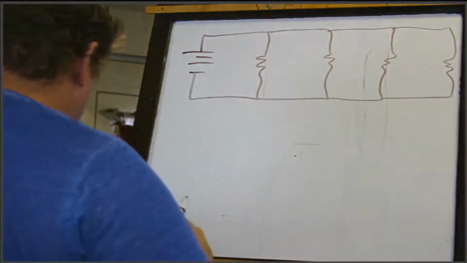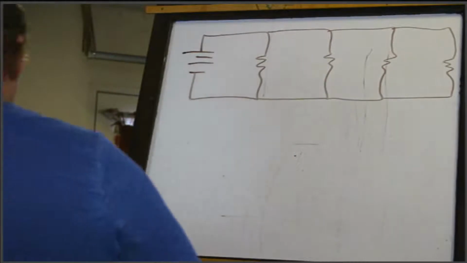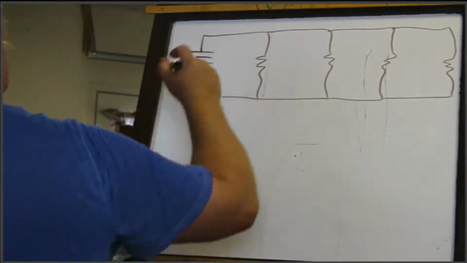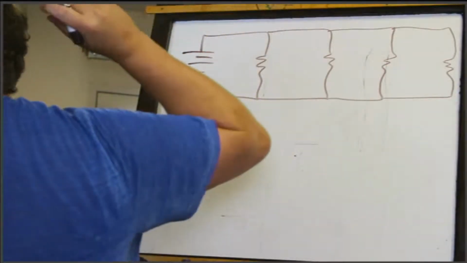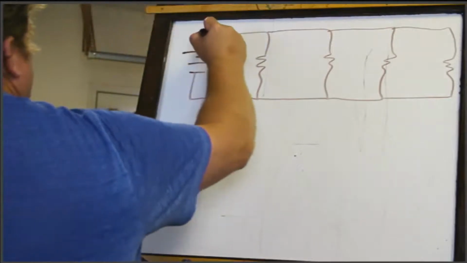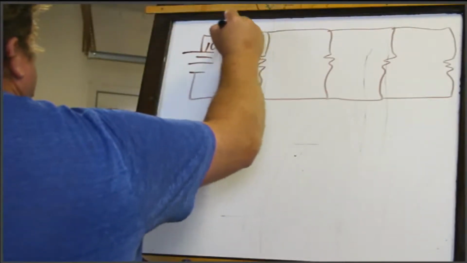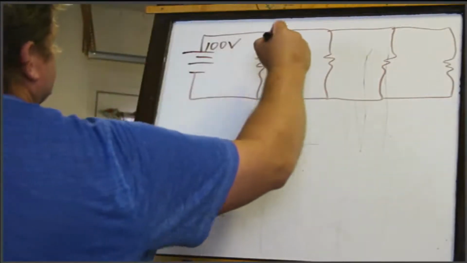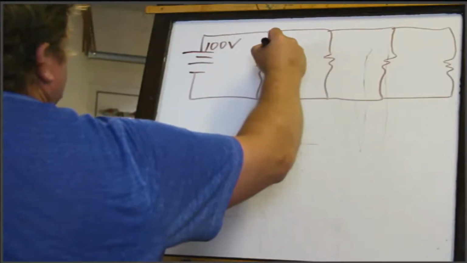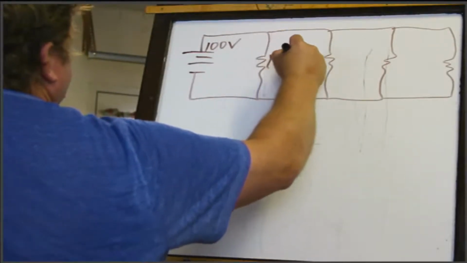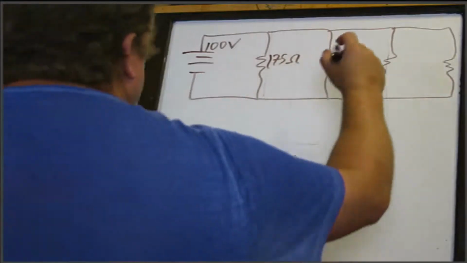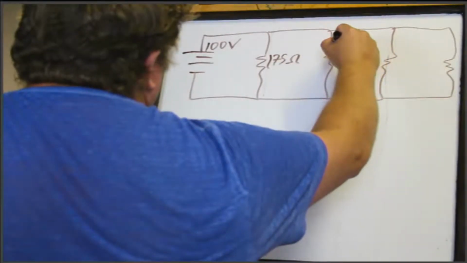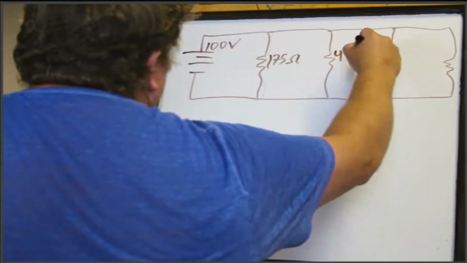And let's work with some big currents this time. How about let's just stick with 100 volts, I'm sorry, 100 volt source, and 175 ohms, 470 ohms.